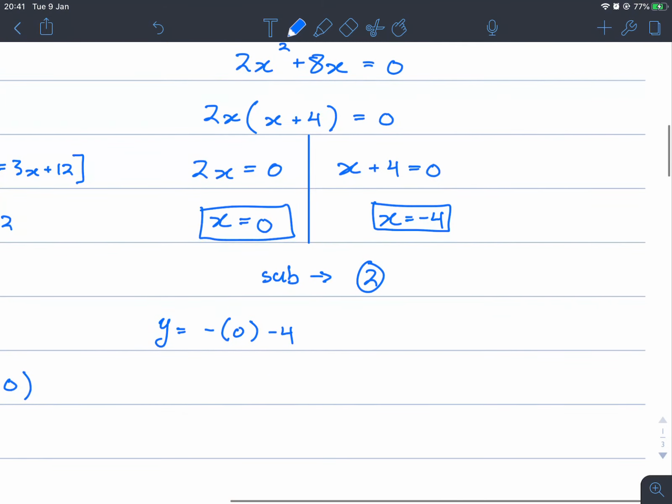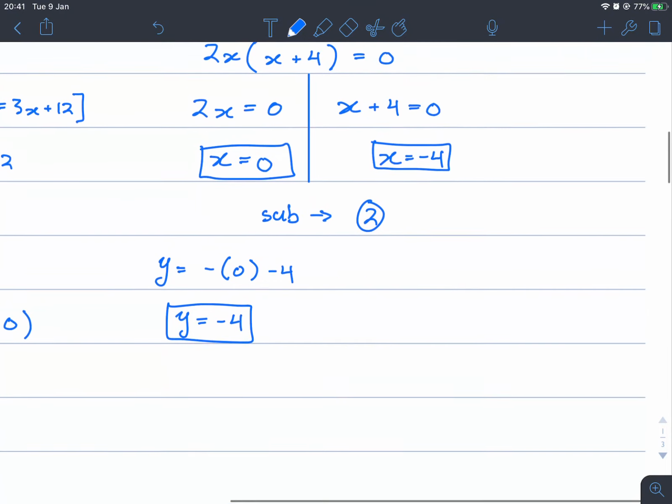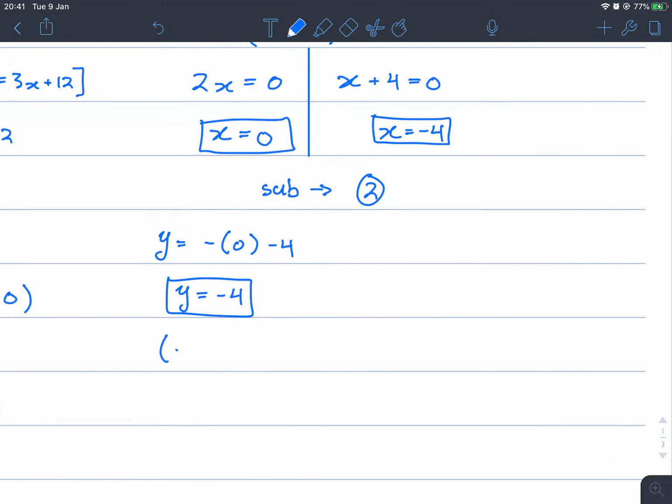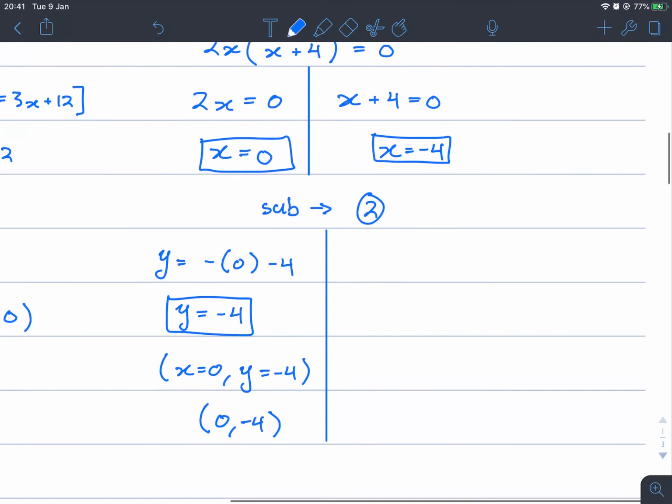That's just 0 minus 4. That's y equals, not 4, not 0, sorry, it's -4. So lastly, my solutions are x equals 0, y equals -4, or 0, -4. That's one pair of solutions.